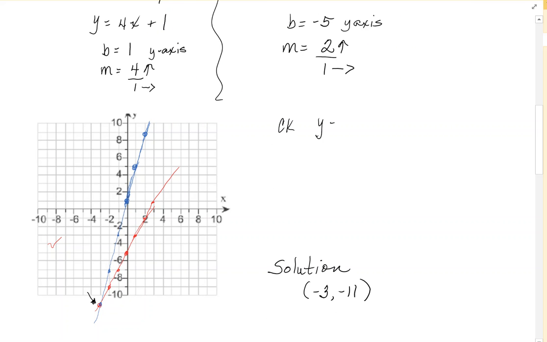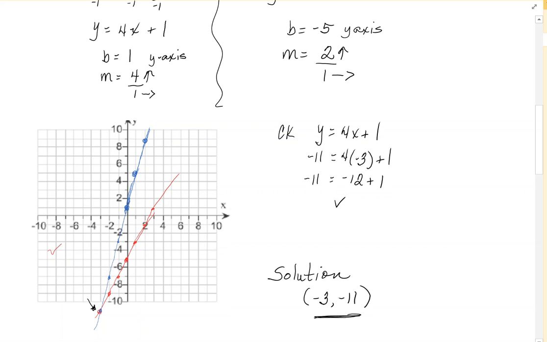It is y equals 4x plus 1. -11 is the y, is equal to 4 times -3 plus 1. I'm taking these values for x and y and I'm checking them. So is -11 equal to -12 plus 1? And yes, it is.